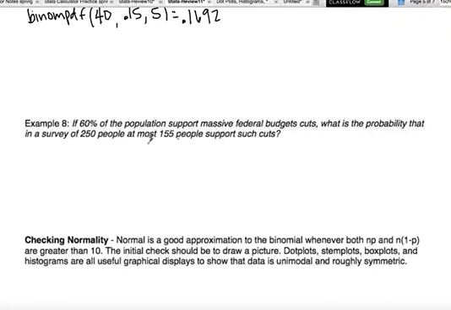Example 8 says, if 60% of the population support massive federal budget cuts, what is the probability that in a survey of 250 people, at most 155 people support such cuts?